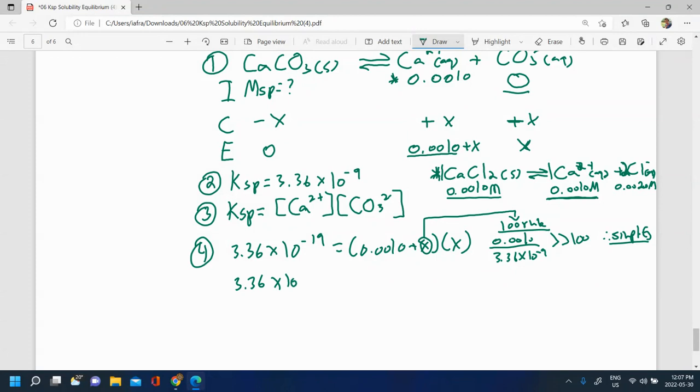And so what we'll get is 3.36 times 10 to the power of negative 9, not negative 19, is equal to 0.0010 times X. And so now we can solve for X by dividing both sides by 0.010.